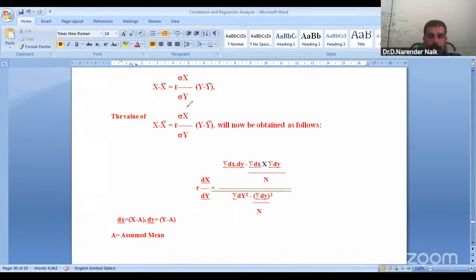Here r into standard deviation x by standard deviation y will be written as r into dx by dy, which equals [sigma dx dy minus sigma dx into sigma dy divided by n] divided by [sigma dy square minus (sigma dy) whole square by n].